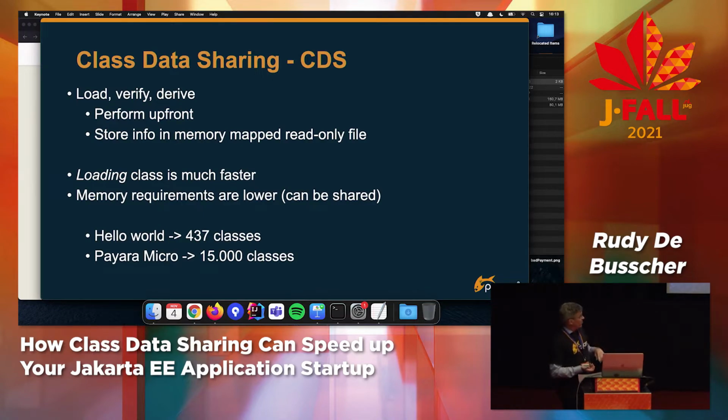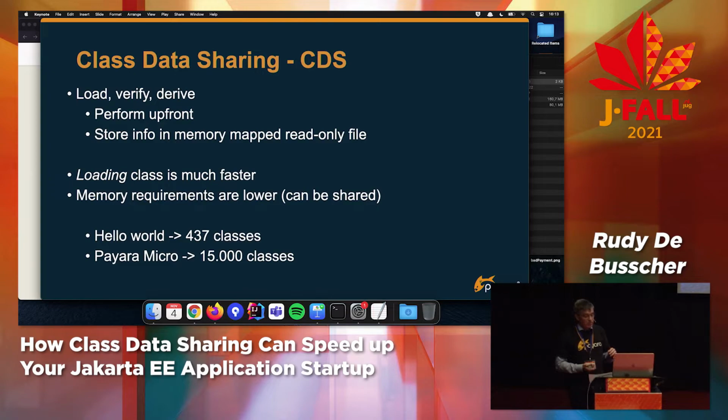The sharing comes from the fact that that memory map file can be used for multiple processes on the same machine. So you can share that single file with 2 JVMs on the same machine, of course. That's where that data sharing name comes from.